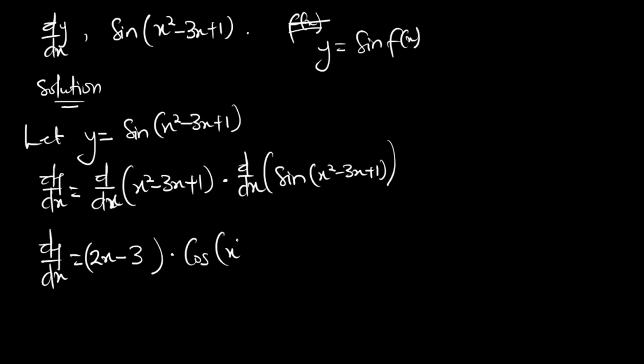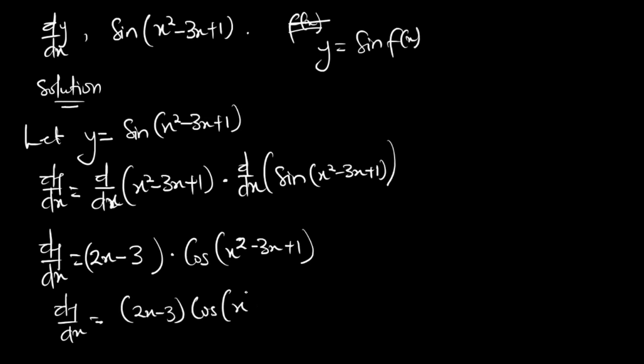So cos of x squared minus 3x plus 1. So it means my dy/dx is the product of 2x minus 3 and cos of x squared minus 3x plus 1 as my answer.